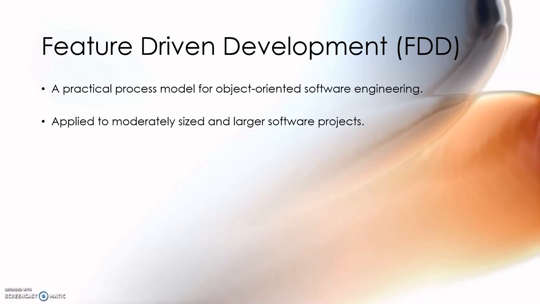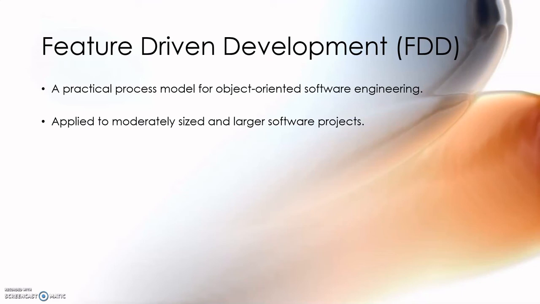Our next agile model is FDD, that is Feature Driven Development, a practical process model for object-oriented software engineering applied to moderately sized and larger software projects.